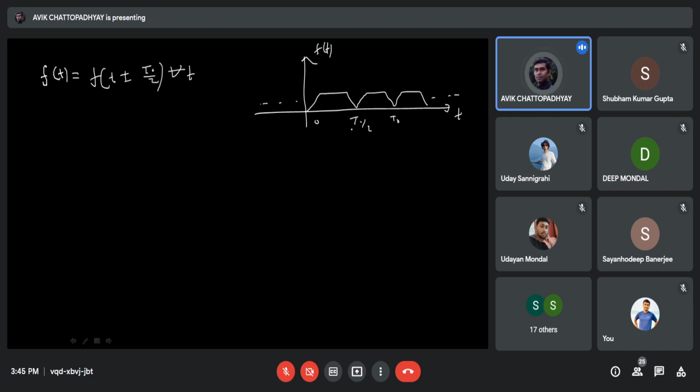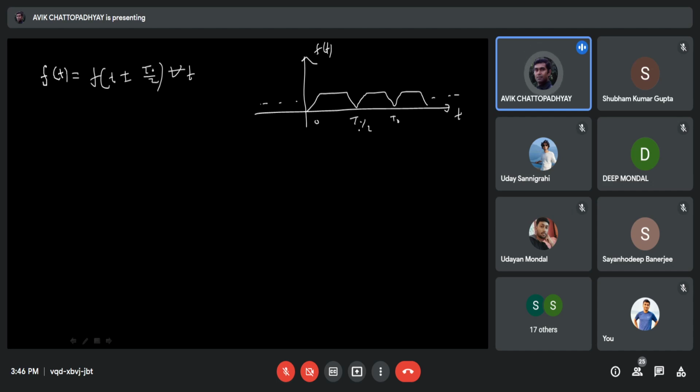Here, note one thing: we consider T naught as the period. That means the fundamental frequency is f naught. Now, if you consider T naught by 2 as the period, then because the period becomes half, the frequency will become double. So it will be twice f naught.